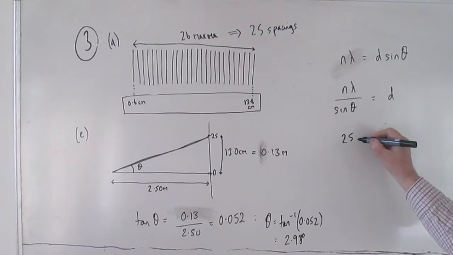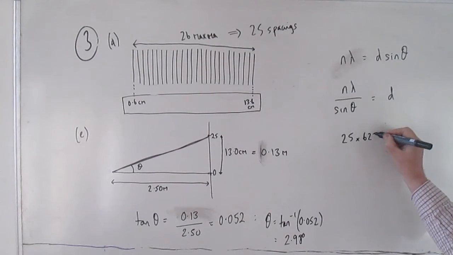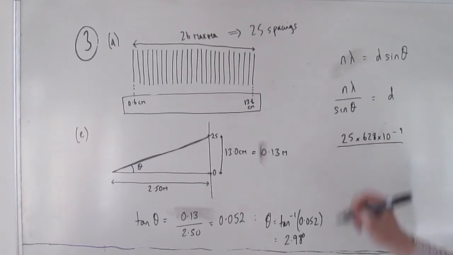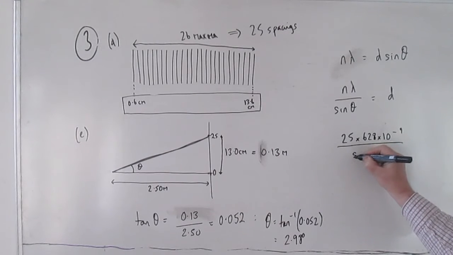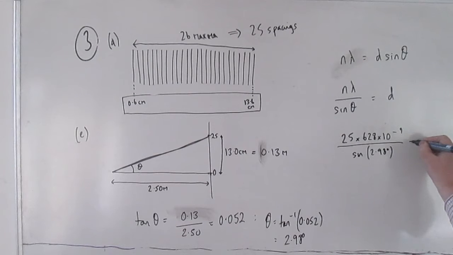So it's 25 times lambda, which it told us was 628 nanometers, so that's 628 times 10 to the minus 9 meters, divided by sine of 2.98 degrees, which, if you work it out, gives you 3.02 times 10 to the minus 4 meters.